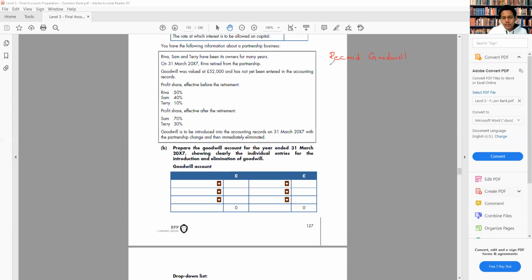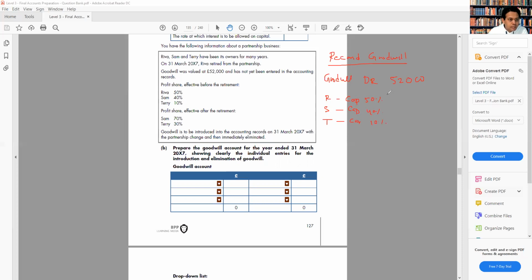When you record the goodwill, remember the goodwill will be debited and the capital accounts will be credited. So goodwill debit 52,000, and Riva, Sam and Terry's capital will be increased by the old ratio, 50%, 40% and 10%.